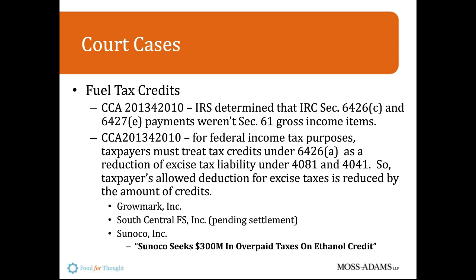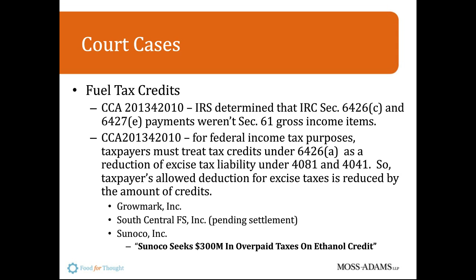The other interesting court cases that are out there, and this is present both in Growmark as well as a secondary or a different issue, South Central, and Sunoco. Sunoco is a large public company that sells a whole lot of fuel. But basically the issue here has to do with two chief counsel advices that were issued in 2013 and then 2014.